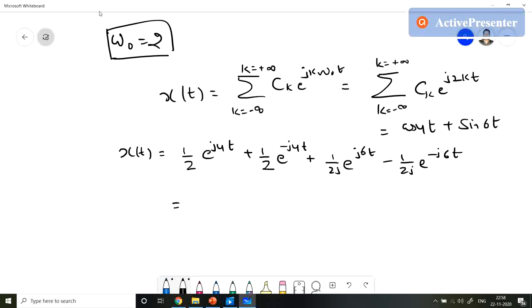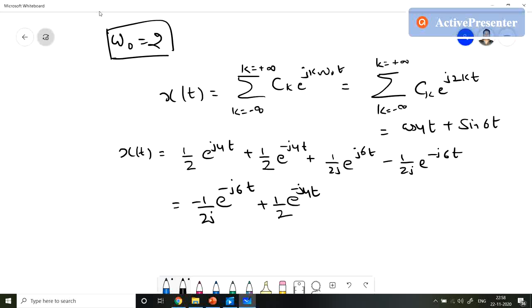So rearranging, it is equal to minus 1 divided by 2j e raised to the power minus j6t plus 1 divided by 2 e raised to the power minus j4t.